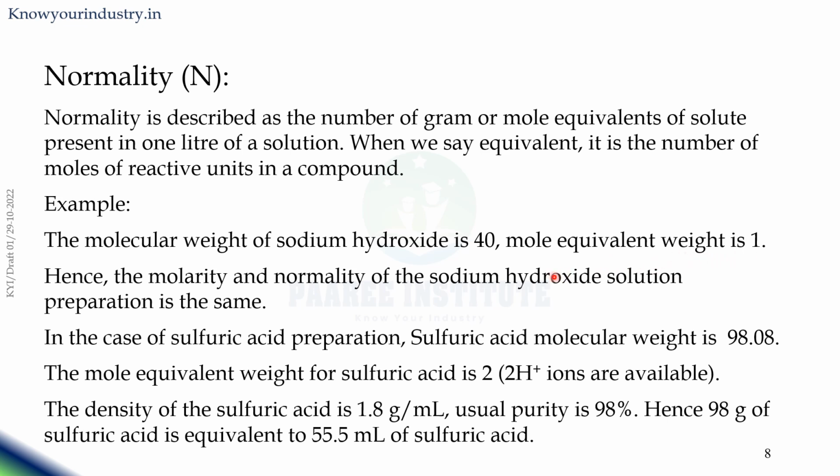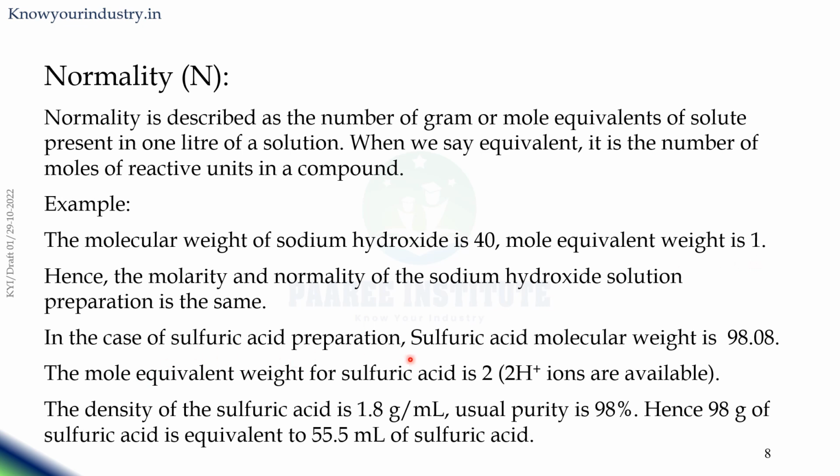Accordingly, when you prepare a 1 molar solution of sodium hydroxide, you have to use 40 grams of sodium hydroxide in 1 liter of solution. A 1 normal sodium hydroxide solution will have the same proportion, 40 grams in 1 liter of water, because the mole equivalent is 1.